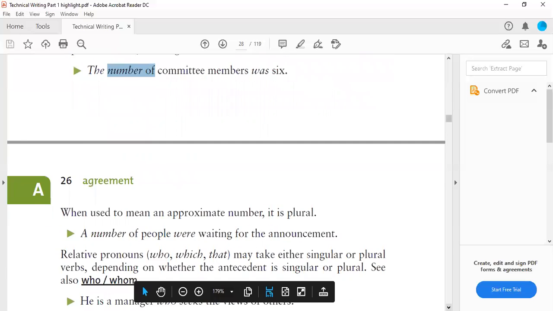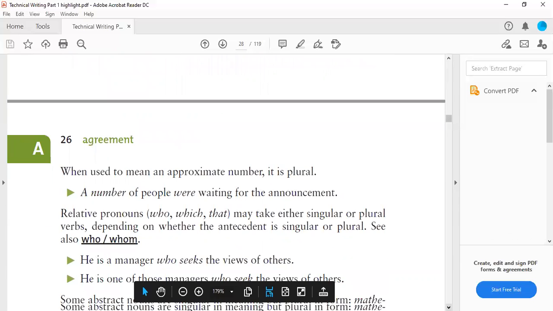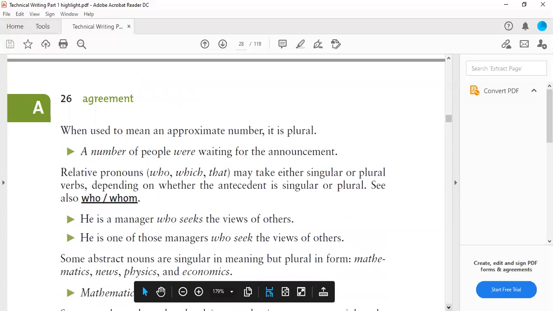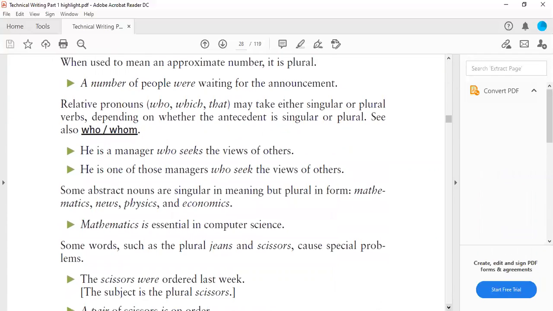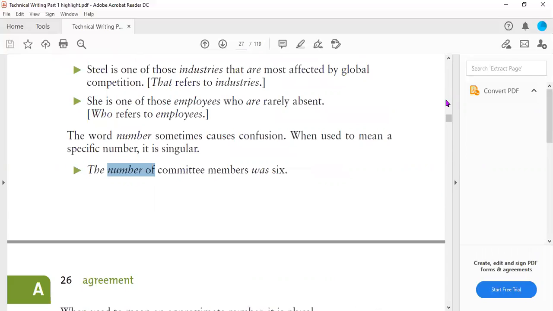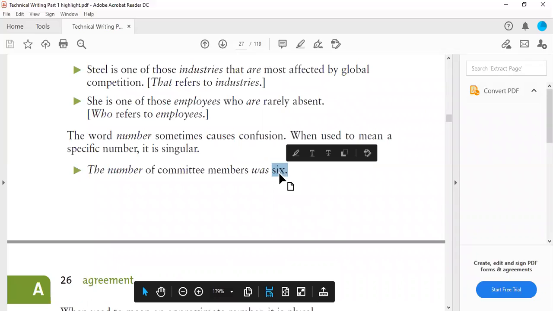A number of people were waiting for the announcement. So why, in the first example, the number of committees was 6? Here, because we talk about something specific. We talk about the number of the committees, which we say is 6, okay?